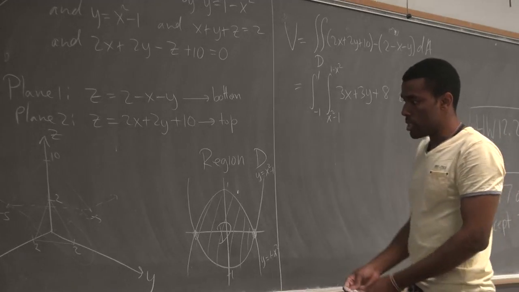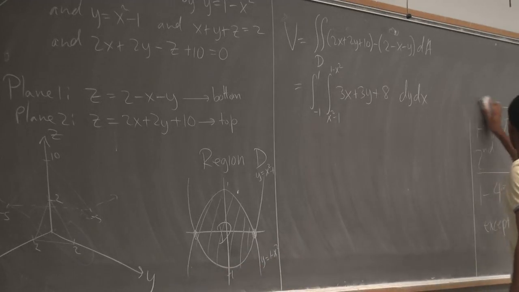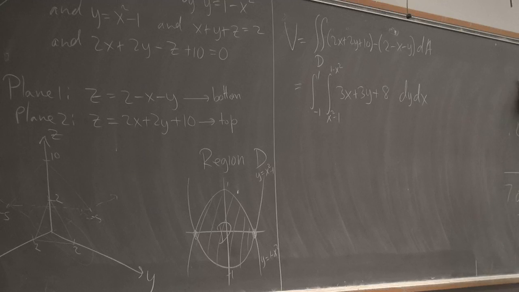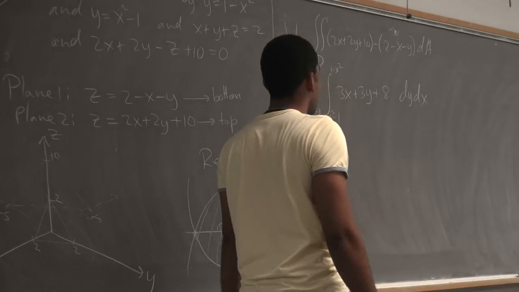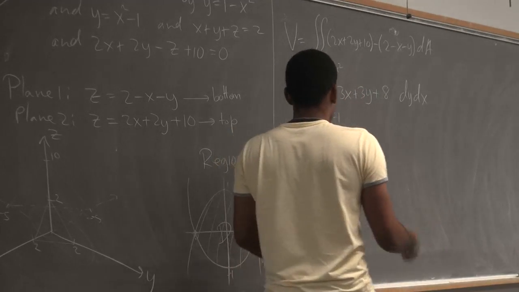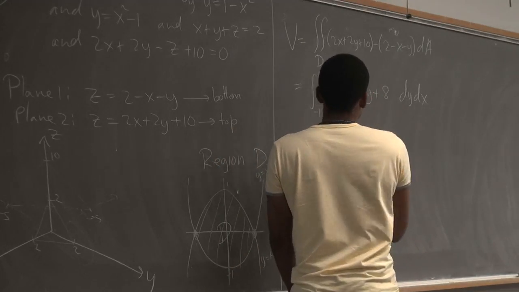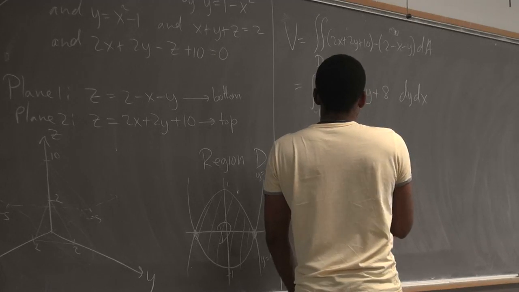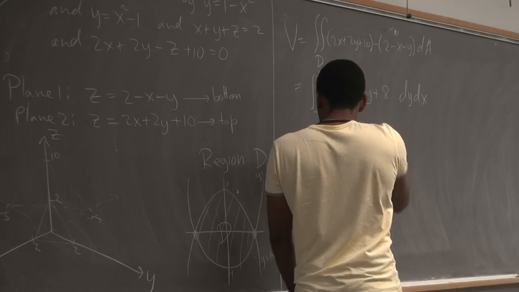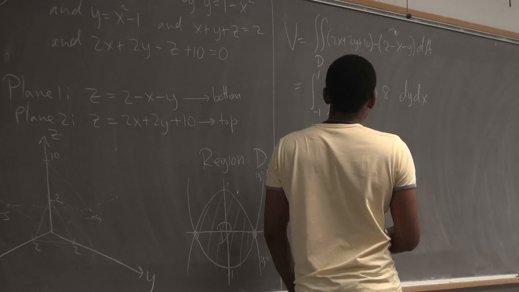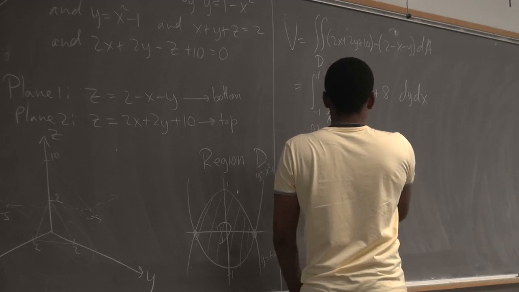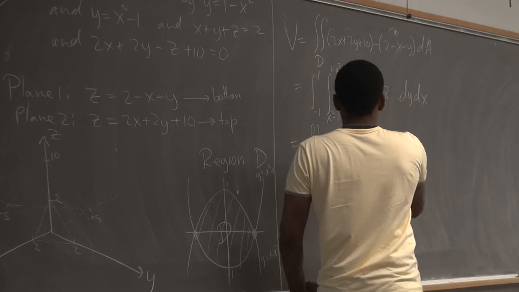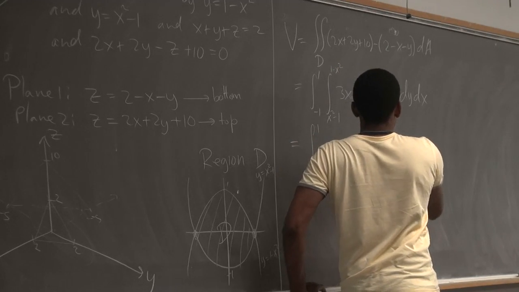So that would actually be the setup. Now it's just a matter of computation. Here you integrate with respect to y first, so we have 3xy plus 0/2y squared plus 8y.